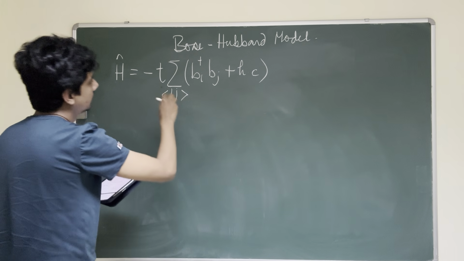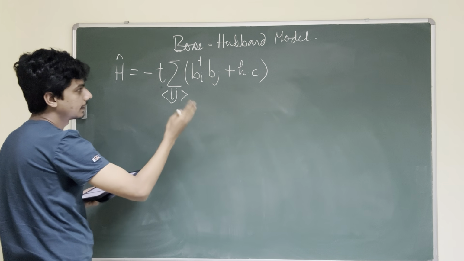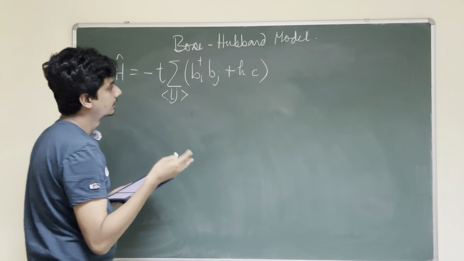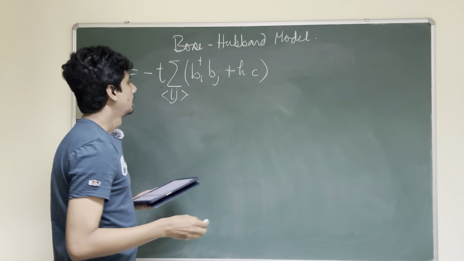That means the hopping can go from point i to point j, which is the nearest neighbor. So you can easily think of j as i plus 1, the nearest neighbor.